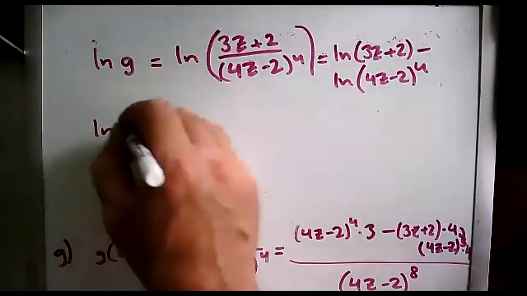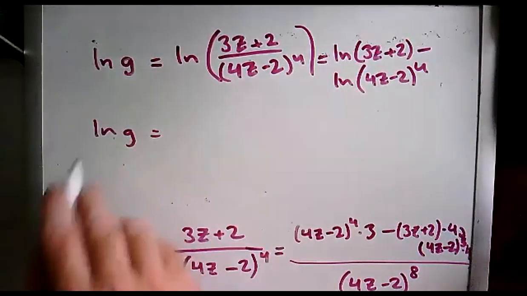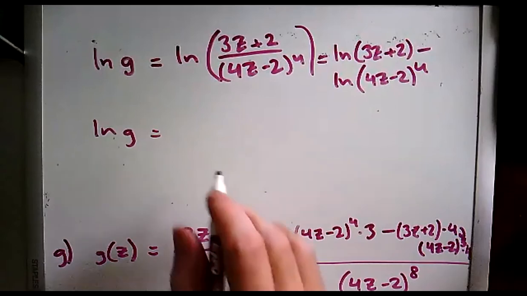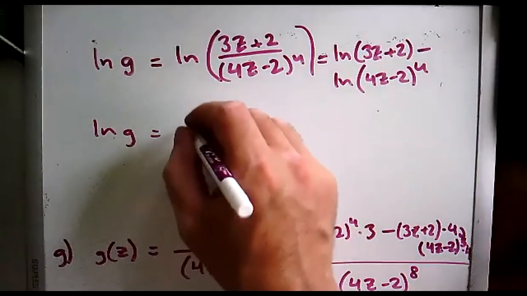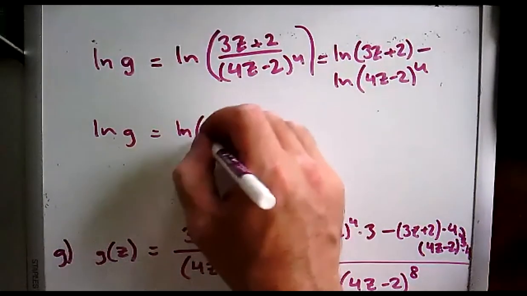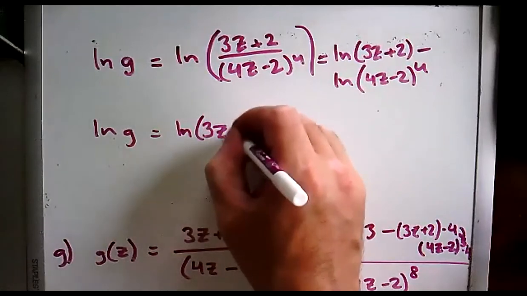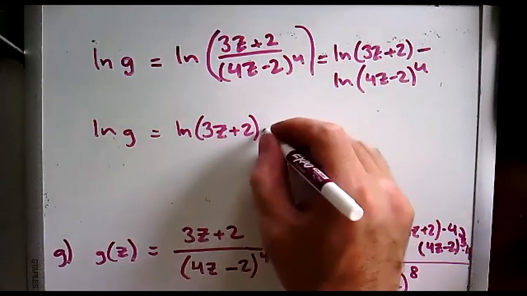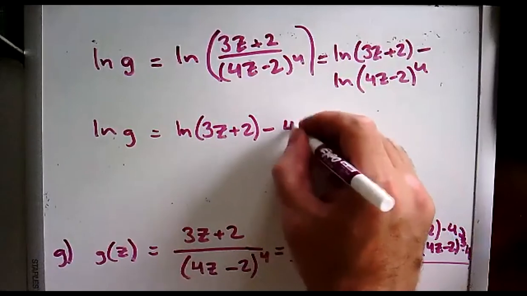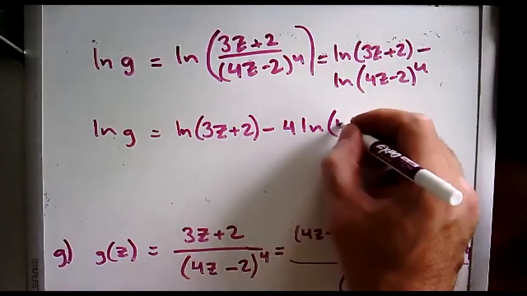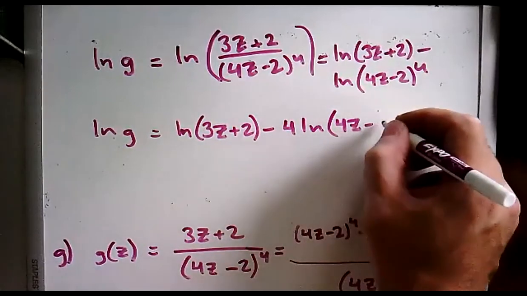And so if we apply that, we actually get this equation here, log of G equals natural log of 3z plus 2 minus 4 times the natural log of 4z minus 2.